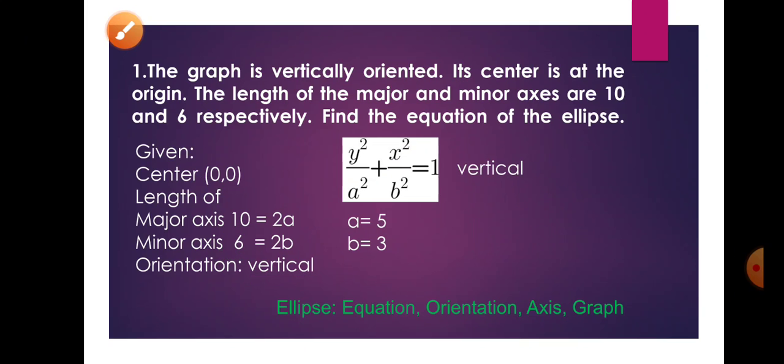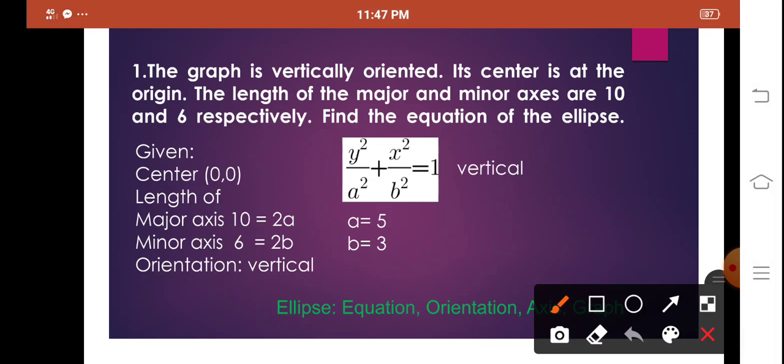Since it's vertical, we make use of the equation y squared over a squared plus x squared over b squared is equal to 1. The major axis 10 is equal to 2a. To solve for a, by multiplicative inverse, 2a is equal to 10, a is equal to 5. To solve for b, 2b is equal to 6, b is equal to 3.